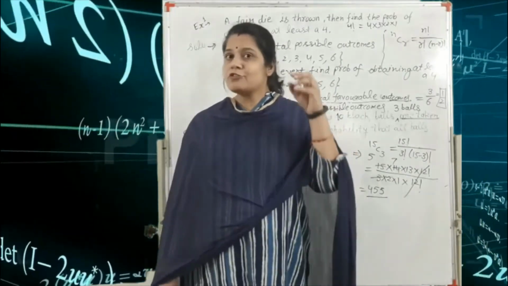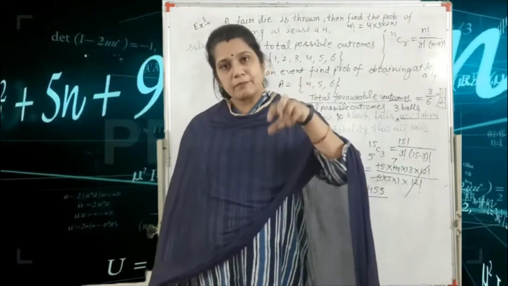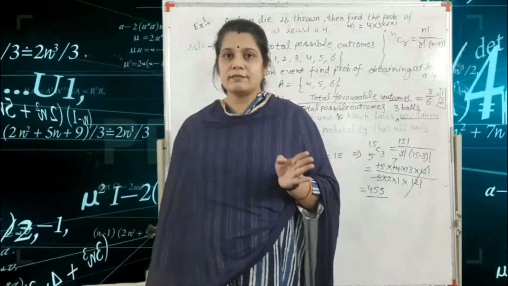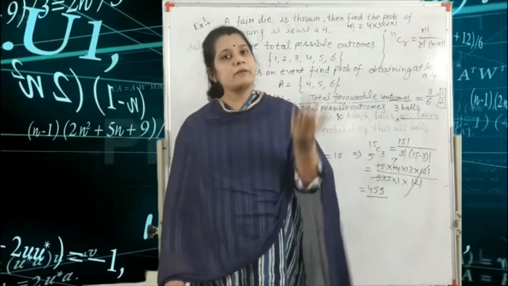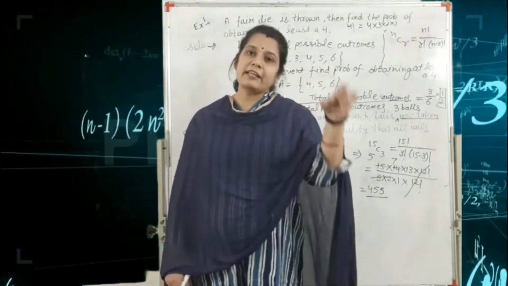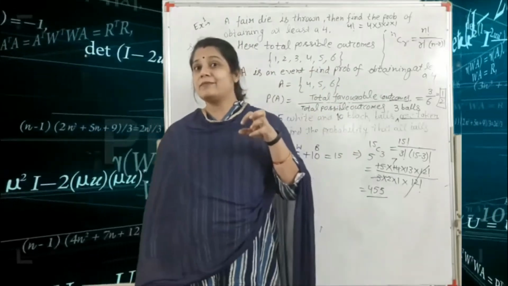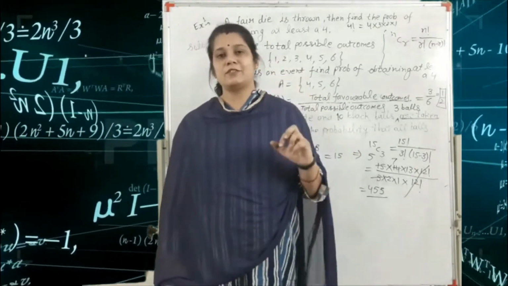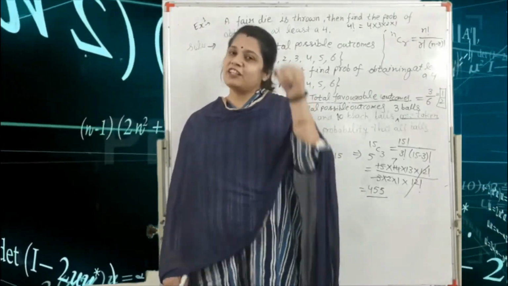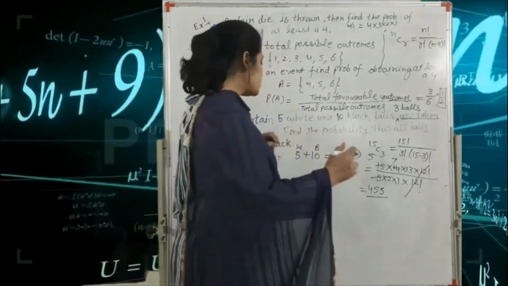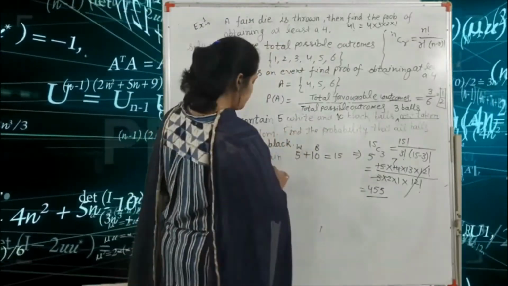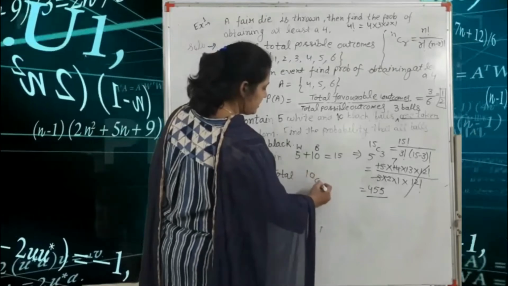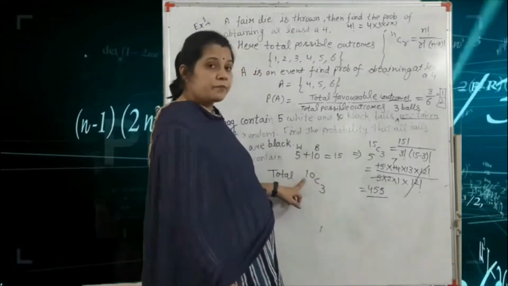Obviously these 3 black balls are taken out from the 10 black balls. Are you agreed with me? So the total favorable event is 10C3, because there are 10 black balls.